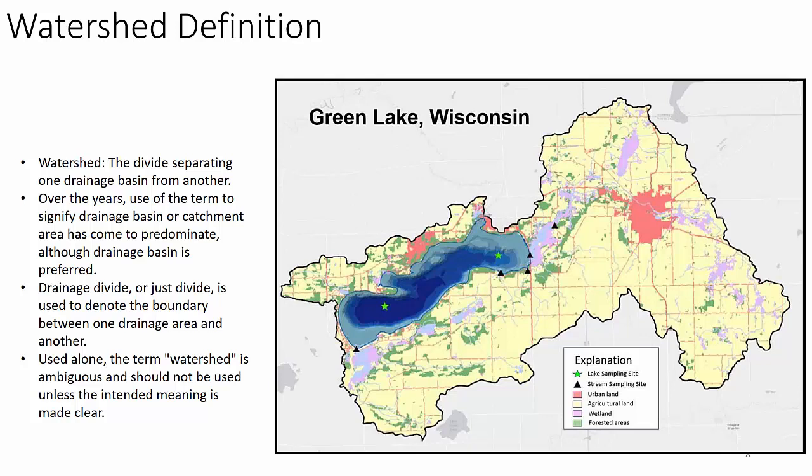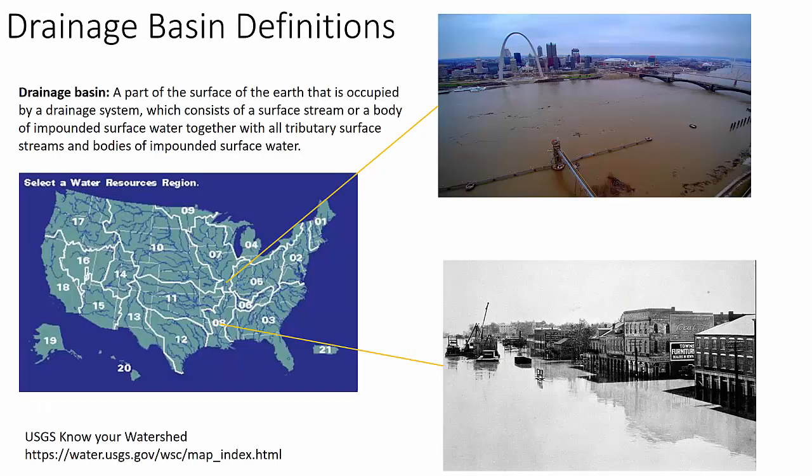We'll talk about scales of those in a moment. The drainage divide, or just the divide, is used to denote the boundary between one drainage area and another. Used alone, the term watershed is ambiguous and should not be used unless the intended meaning is made clear. So it's okay to say we're going to talk about 8-digit hydrologic unit codes as watersheds and then refer to them as watersheds because you've defined them.